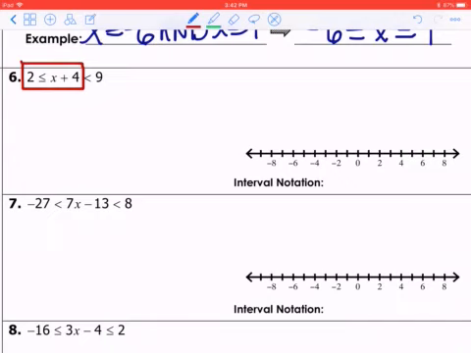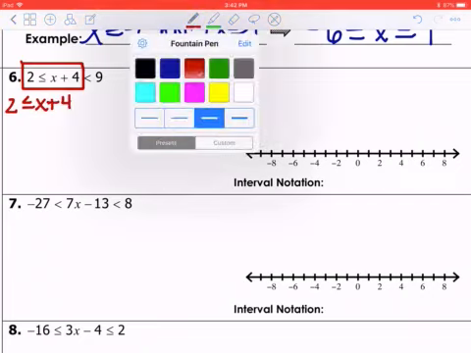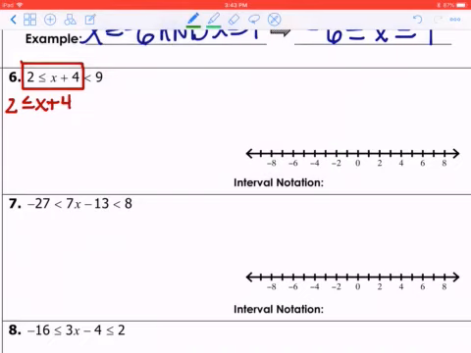You have to pick out where they are. So there's the first one that I'm going to solve. 2 is less than or equal to x plus 4. Then the second one that I want to solve, now I'm going to start from the opposite end with the 9, and I'm going to go until I run into the next inequality symbol. That's how I pick out my two equations.